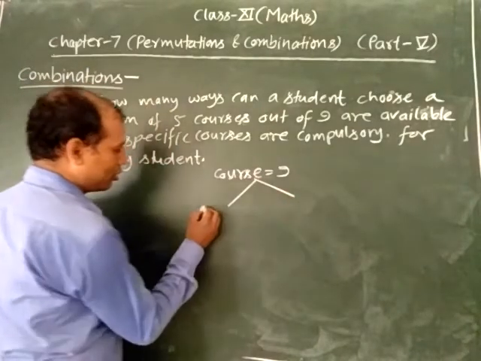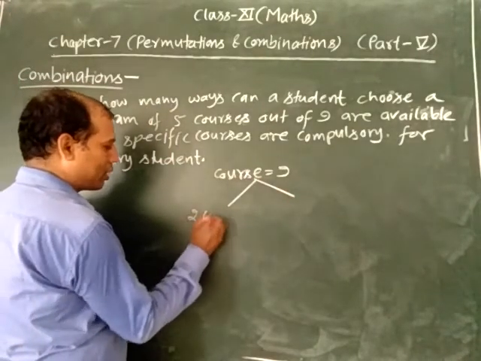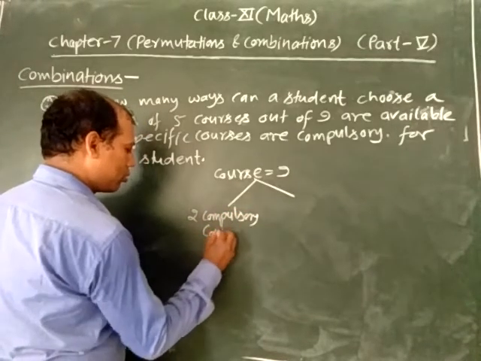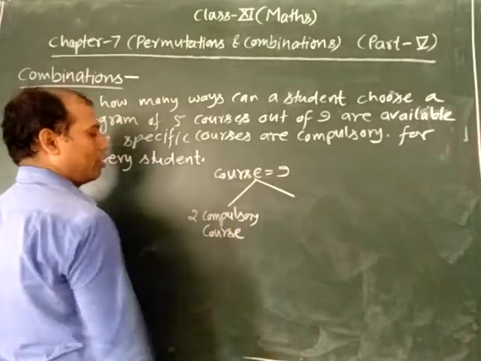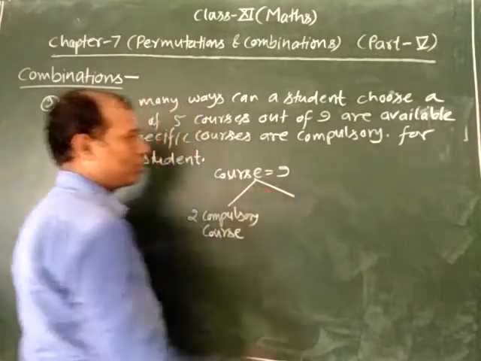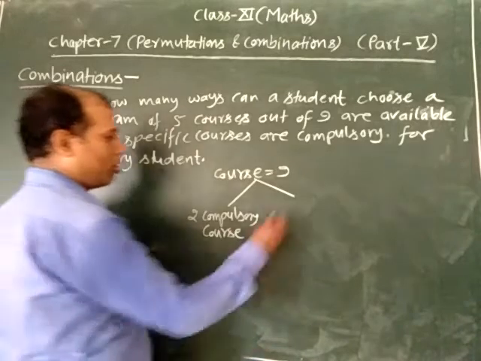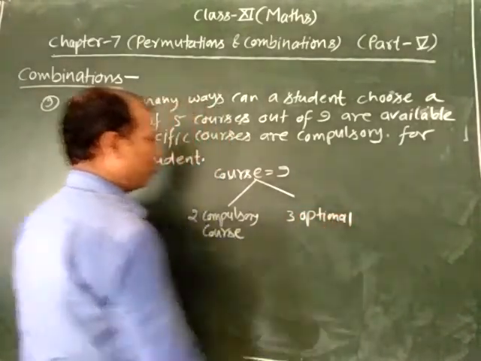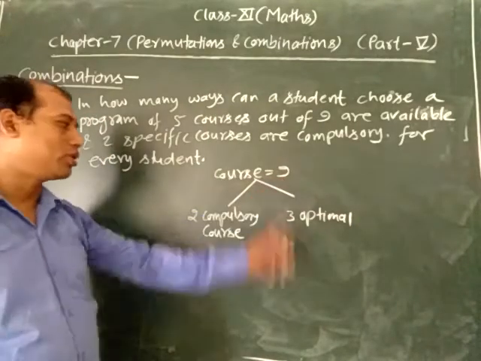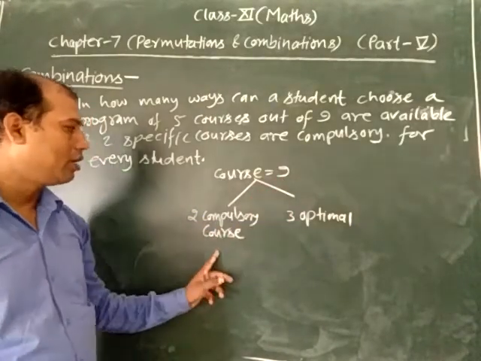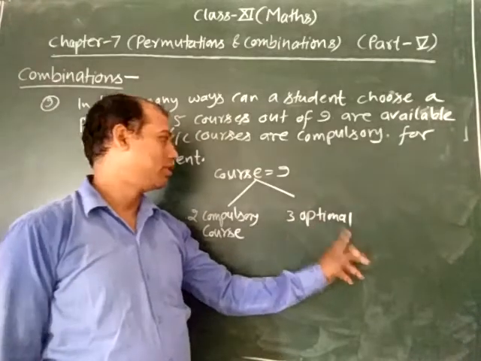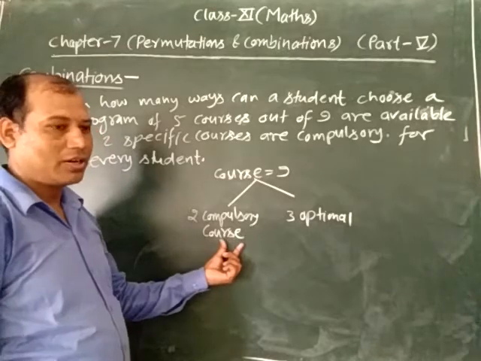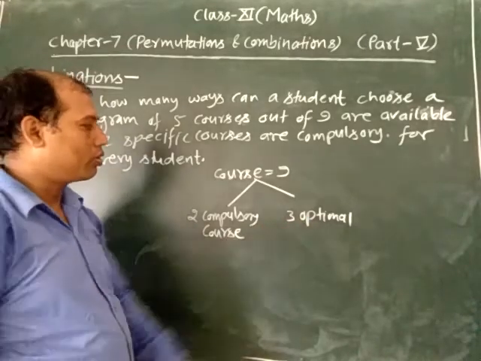In these 5 courses, there are 2 compulsory courses and the 3 courses which we have to choose are optional. Now these compulsory courses are for every student. There are only 3 optional courses.